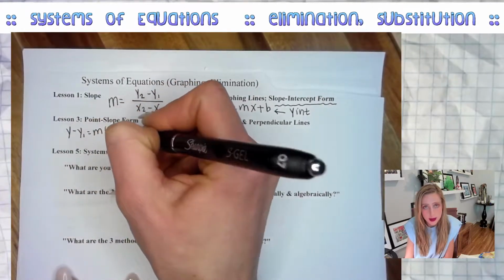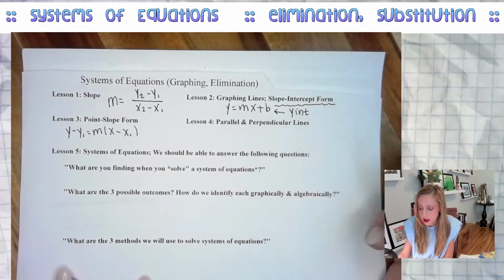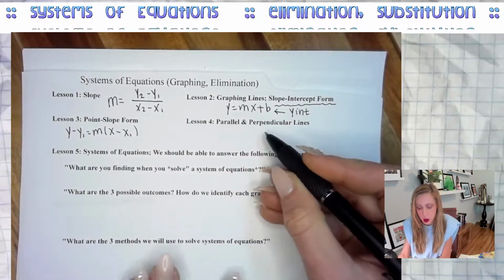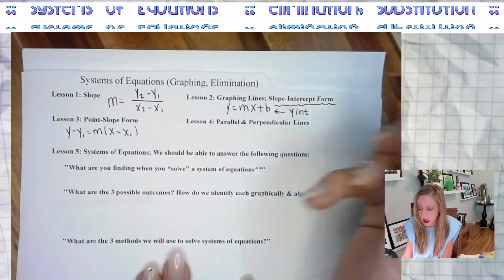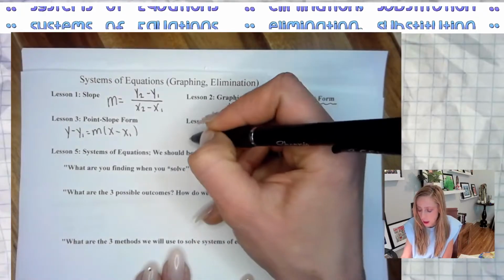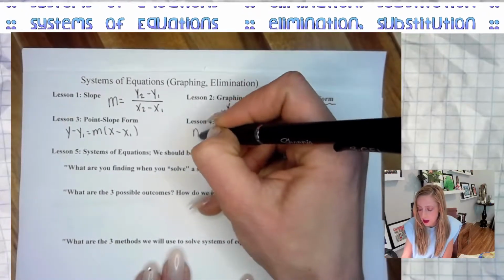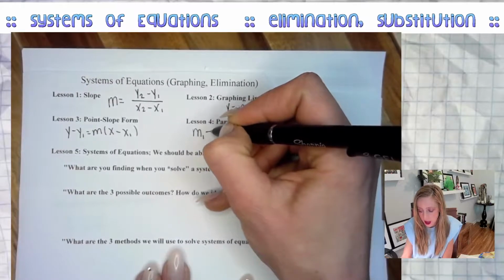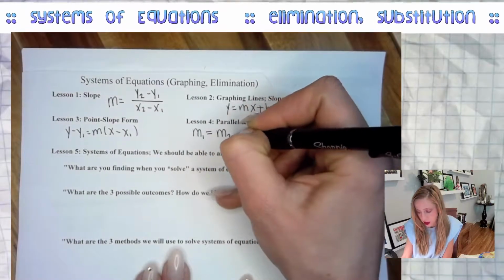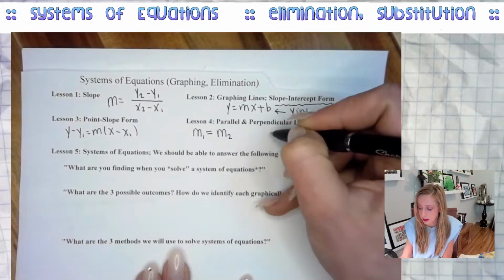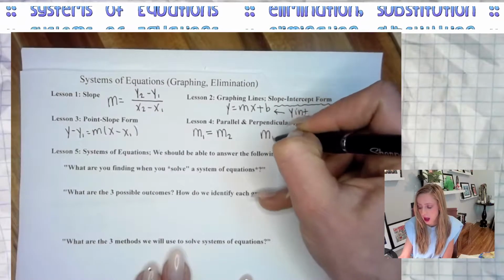minus x sub 1. On lesson 4, we talked about parallel and perpendicular lines, and just to get the nitty-gritty there, for parallel lines, slope 1 will equal slope 2. The first line and the second line, they're going to be equivalent. Perpendicular lines, they are not equal.